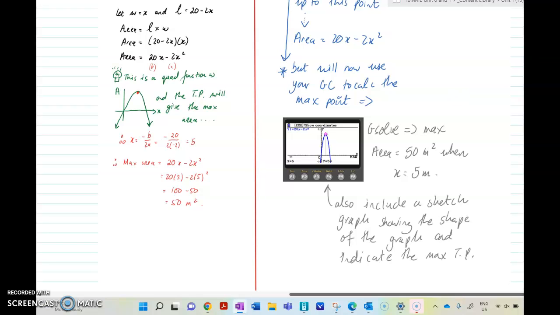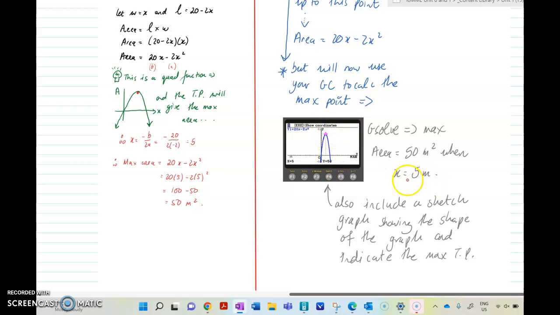You will go onto your graphics calculator graph mode and type the equation in. You will get your parabola, and you may have to zoom in to see it. Then you're going to use G-Solve, G-Solve max, and you'll see it gives you that pink cross on your screen. So there's my maximum turning point when x is 5 and y is 50.